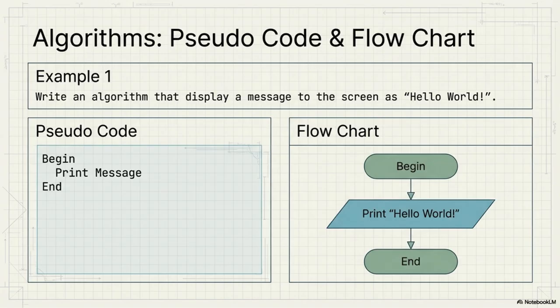So let's look at a quick example. If I ask you to write an algorithm to display hello world. Okay, so in a pseudocode algorithm, simply type begin and then print message and end. So that's how you write a pseudocode.